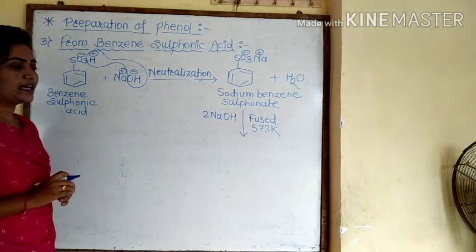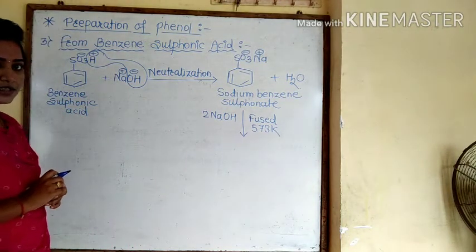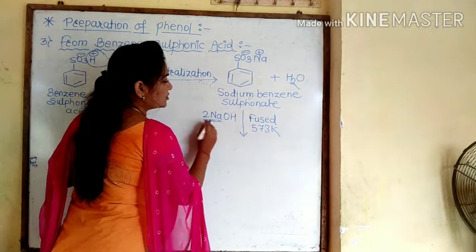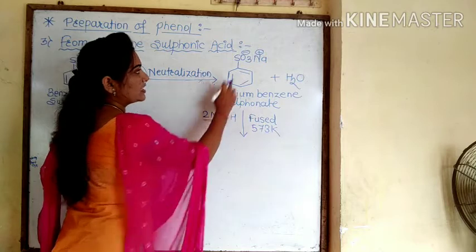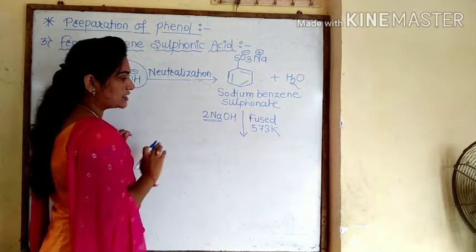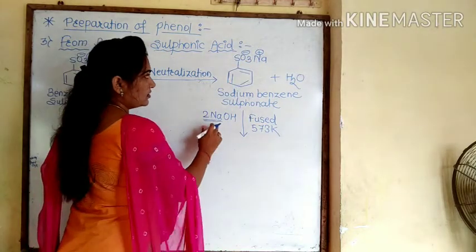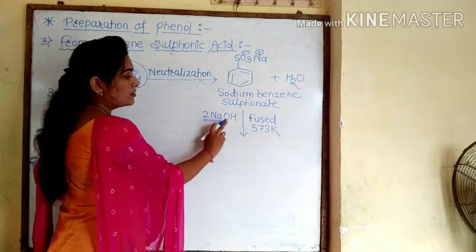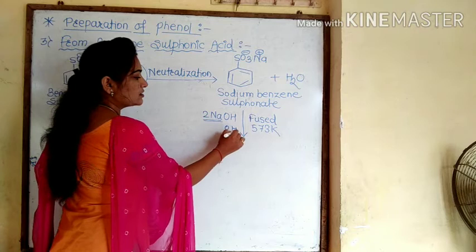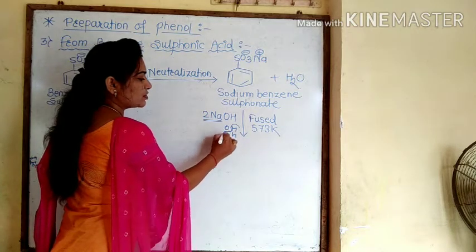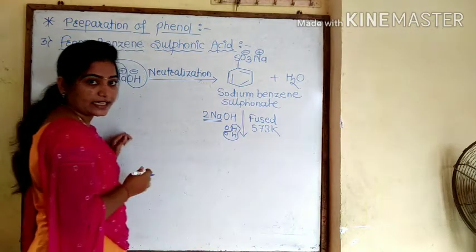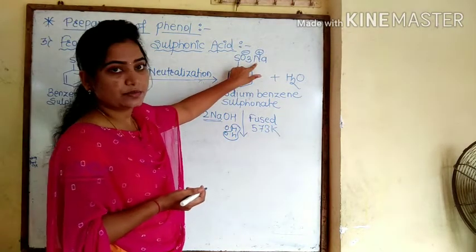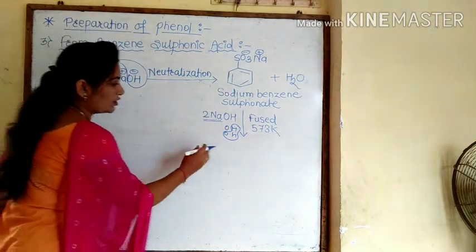Here Na2 reacts with SO3, and Na2SO3 gets removed. Again, twice OH is present, so here OH, OH. There H positive and OH negative, H2O again gets removed, and this single oxygen is attached to the sodium.